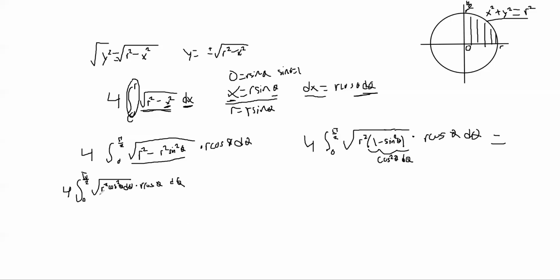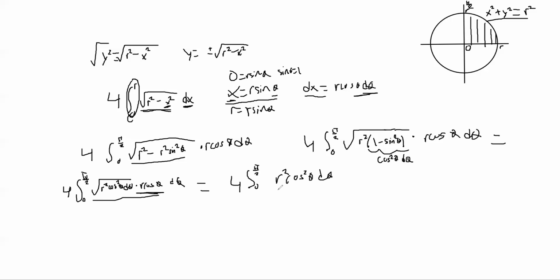So if we take the square root of r squared cosine squared, we're just going to get r cosine theta, but then we're multiplying it again by this r cosine theta. So ultimately, when we evaluate this part of the expression here, we'll get 4 times the integral from 0 to pi over 2 of r squared cosine squared theta d theta.